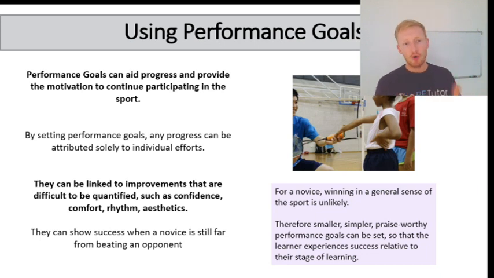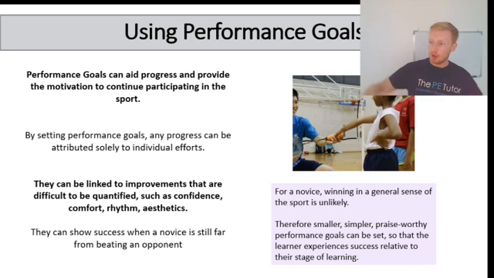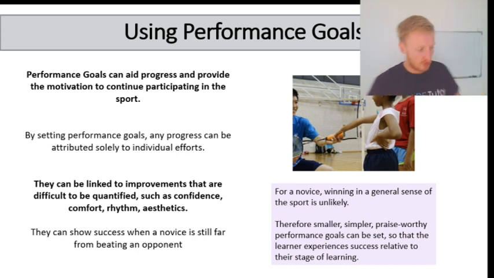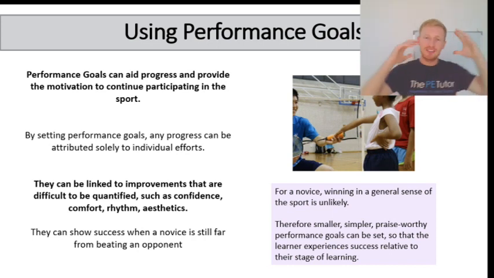Whereas with performance goals, we can start to talk about confidence, comfort, rhythm, aesthetics. You might look at a performance from this week to one from last year, and you can tell it's just more fluid, it's more smooth, it's more effortless. There isn't really a number for that.